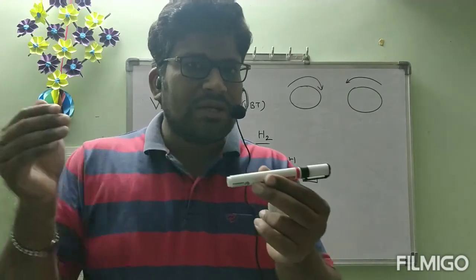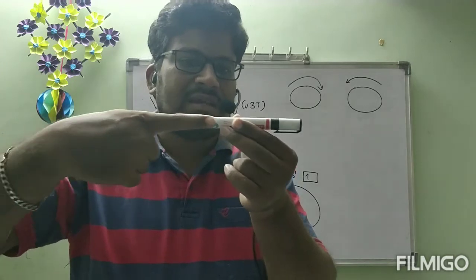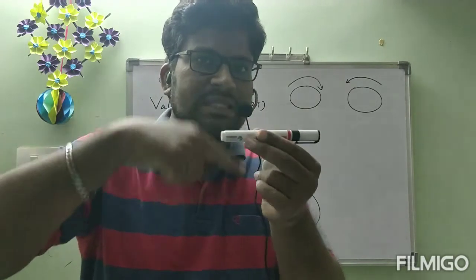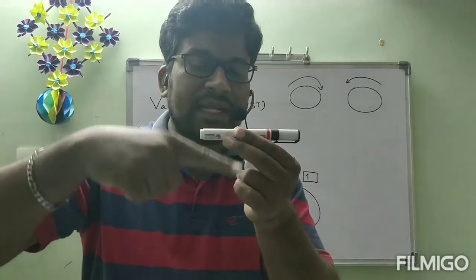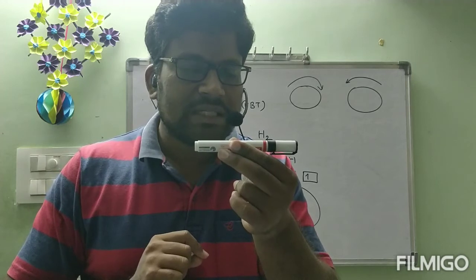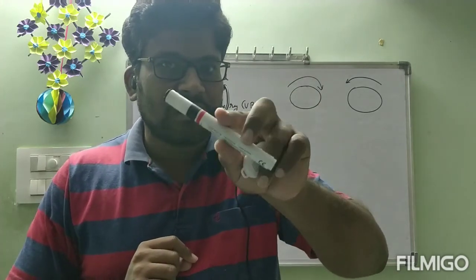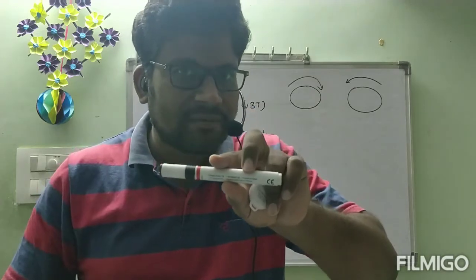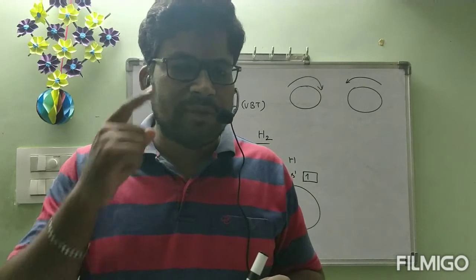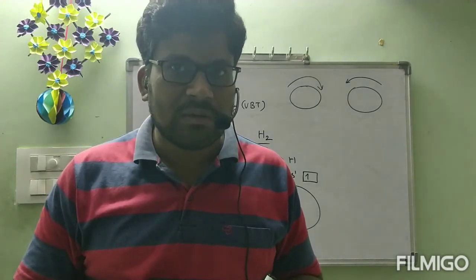If electricity is flowing like that, definitely a magnetic field will be developed in this direction. That is the north pole. If the electricity direction is reversed, the magnetic field direction will also be reversed. That is the south pole. Two poles will be there for a magnetic field, one north pole and another south pole.